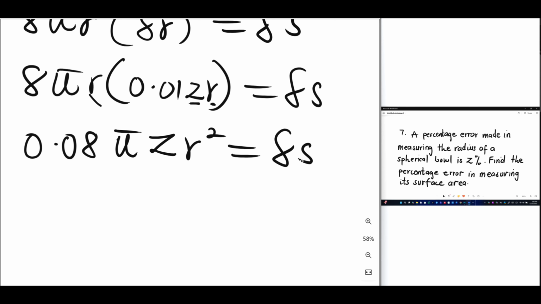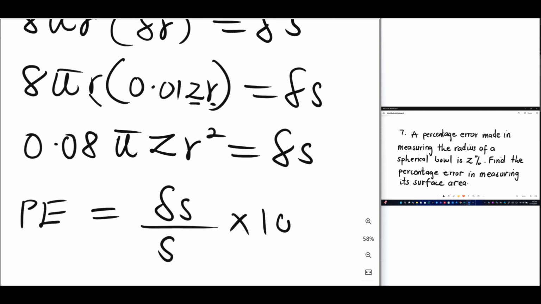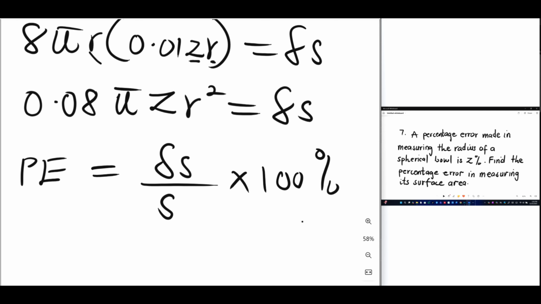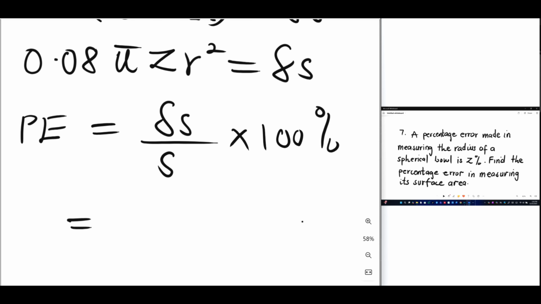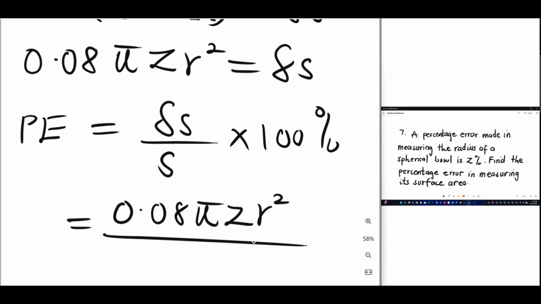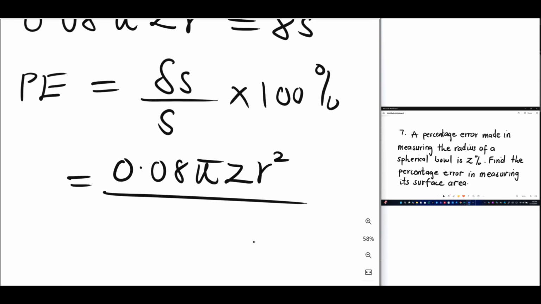But we have to find the percentage error that has occurred. You know that percentage error will be equal to the change in the surface area over the surface area times 100%. So the change in the surface area is 0.08 pi Z r squared, divided by the actual total surface area of the sphere, which is 4 pi r squared.